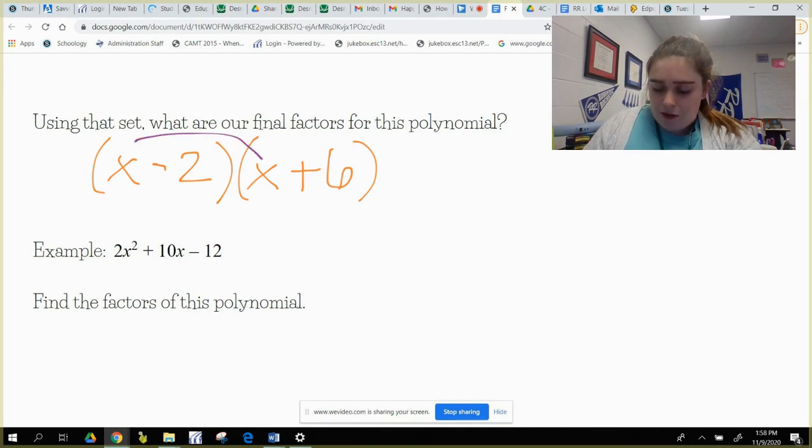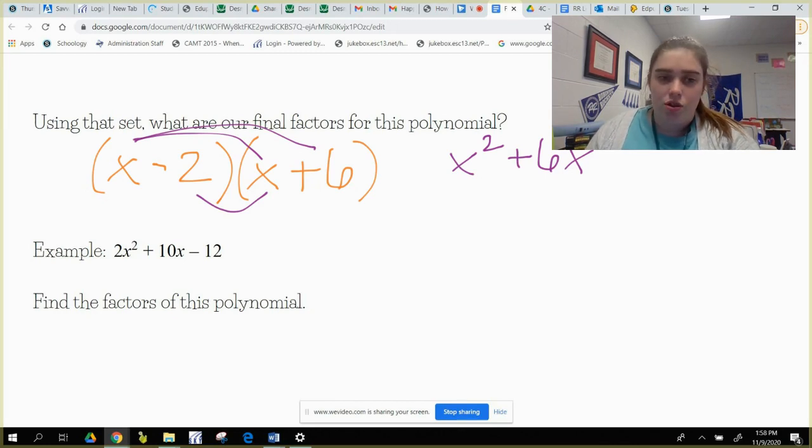So we're going to multiply the first terms, so x times x is x squared. We're going to multiply the outside terms, which is x times 6, so plus 6x. Multiply the inside terms, negative 2 times x is negative 2x.